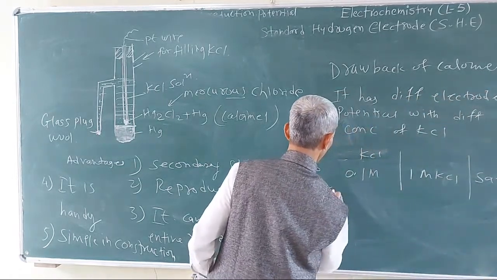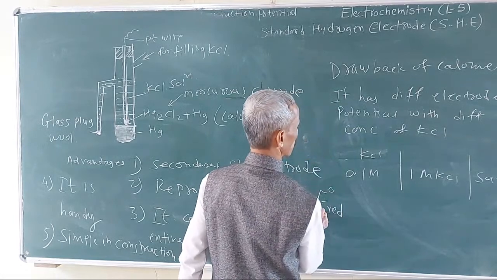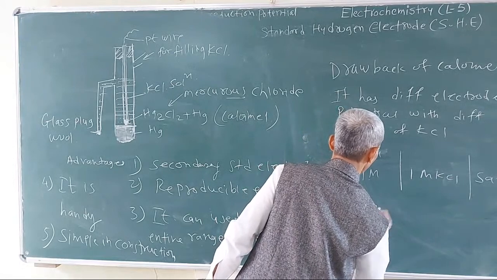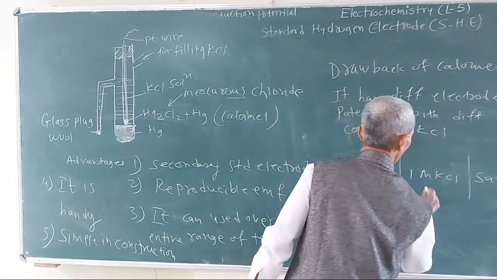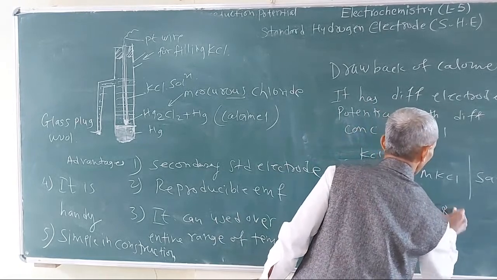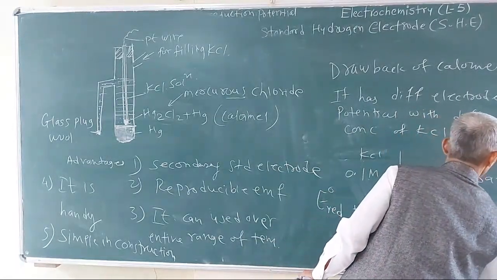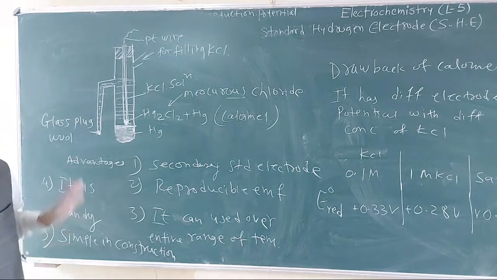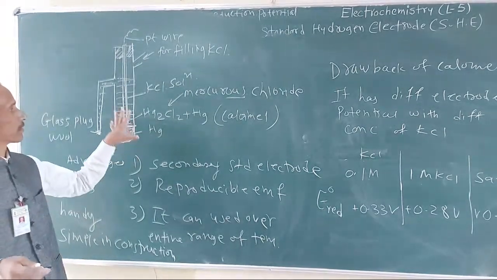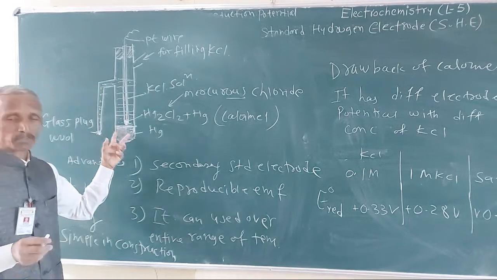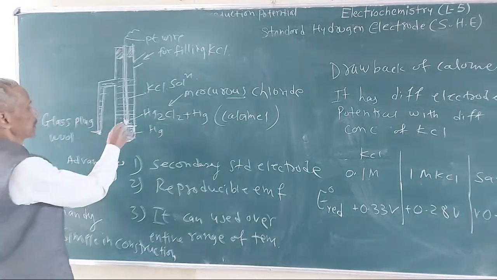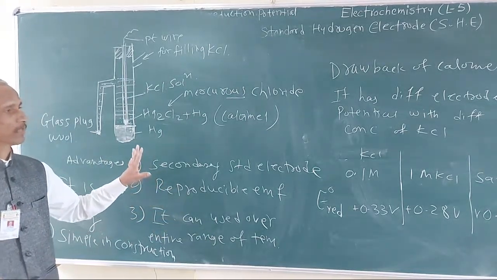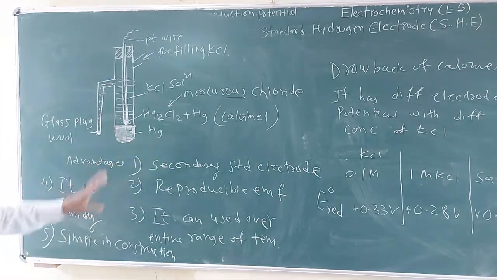The standard reduction potential for 0.1 molar is said to be 0.33 volts, here it is 0.28 volts and 0.24 volts. So in this case we have studied some types of electrodes. This is the secondary standard electrode, and these are its applications as well as the different limitations.